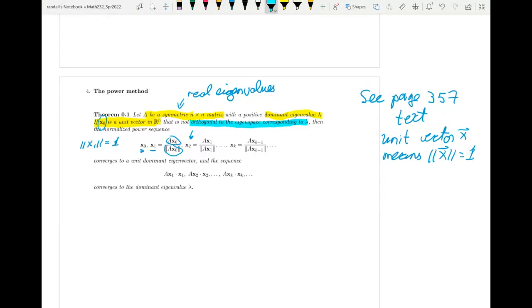So we're assuming this matrix has a dominant eigenvalue, and associated to that eigenvalue is, of course, an eigenspace, which could be multidimensional. And we want this x naught not to be orthogonal to it.